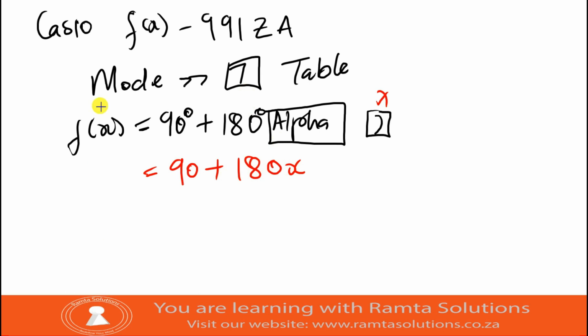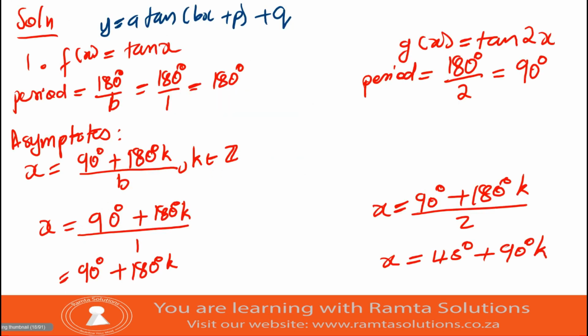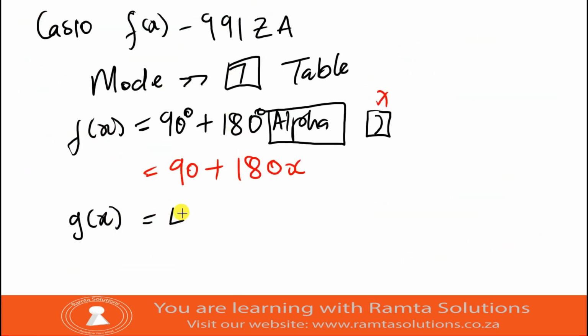Now for g of x, press equal to when you're done. Your g of x will be, let's go back, it was 45 plus, I think it was 90, right? 45, 90, alpha.